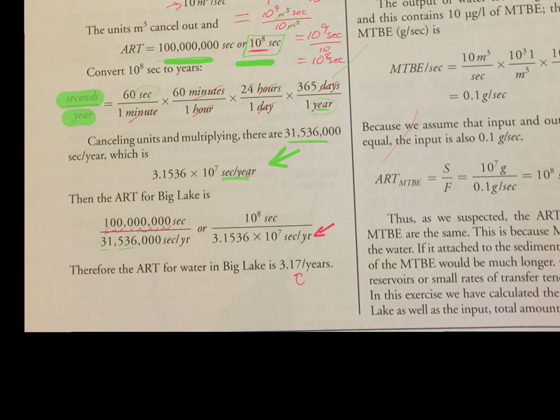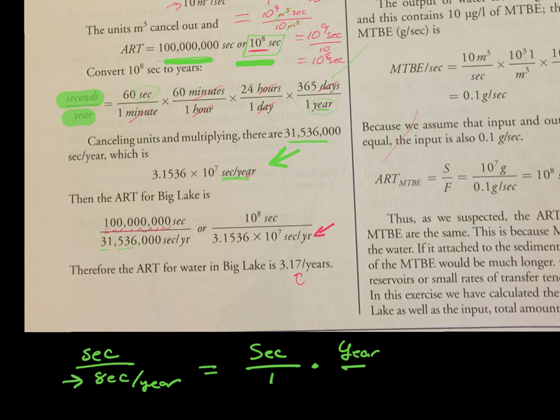So I'll just do the calculation down here if you don't mind. If you take the seconds and divide it by seconds per year, if you invert this, that's the same as taking seconds divided by 1 and multiplying by year over second, because I'm inverting and multiplying. What happens to seconds? They cancel. And what am I left with? Year.